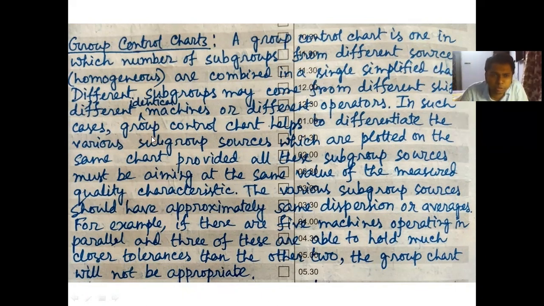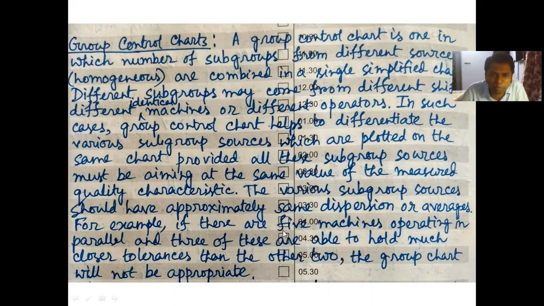In such cases, a group control chart helps to differentiate the various subgroup sources plotted on the same chart, provided all these subgroup sources are aiming at the same value of the measured quality characteristic. The various subgroup sources should have approximately the same dispersion or averages.